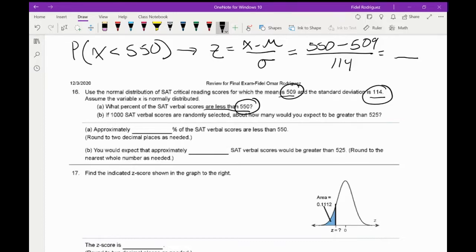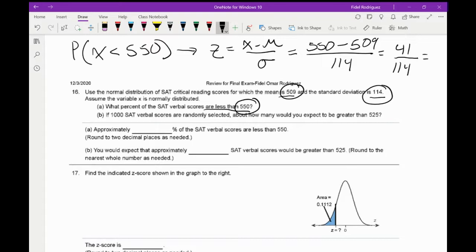So let's do this part. Let me just get my calculator here, guys. The first thing I'm going to do is the top part: what is 550 minus 509? I'm coming up with 41 over 114.